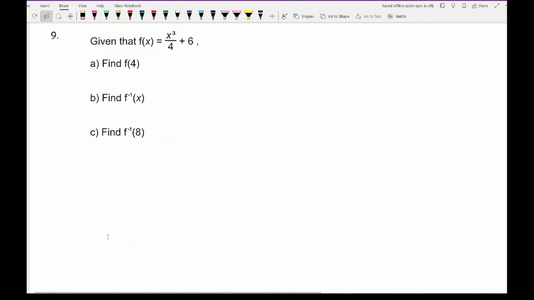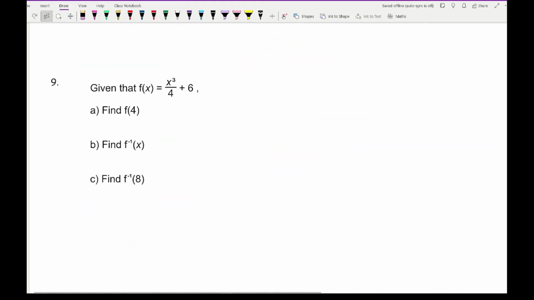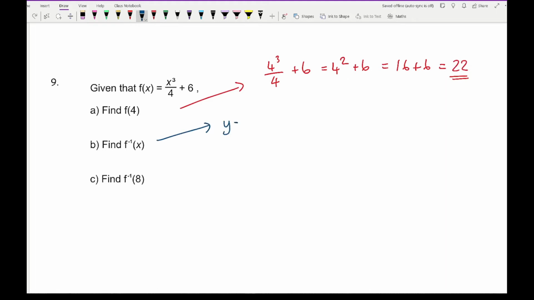Moving on to question 9, it says given that f of x equals x cubed over 4 plus 6, find f of 4. So just substituting x equals 4, so it'd be 4 cubed divided by 4 plus 6. Well, that's going to leave me with 4 squared plus 6, which is 16 plus 6, which is going to give me 22. Then finding our inverse function, so y equals x cubed over 4 plus 6.